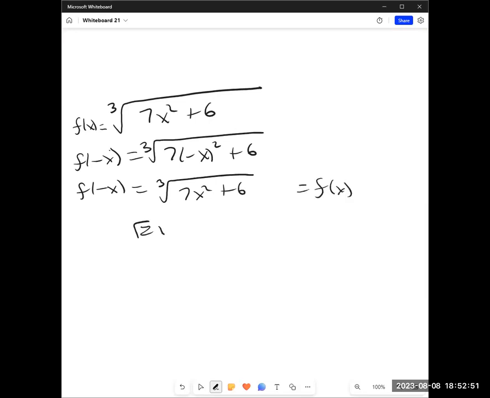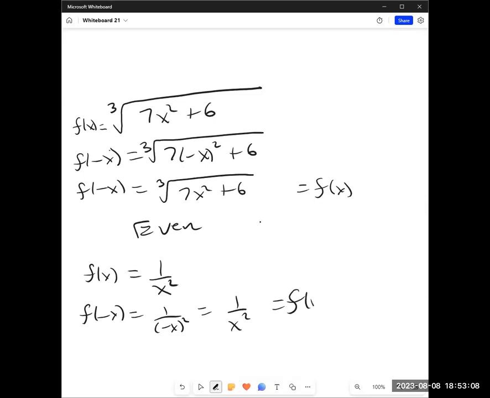So this is an even function. Let's try 1 over x squared now. f of negative x is going to be 1 over a negative x squared, which is going to be 1 over x squared, which is my original, which makes that an even function.